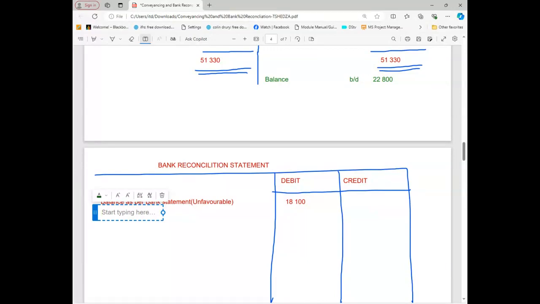So this is what you do. It means you can say credit. You don't have to do that, but for me, I prefer to write that. Let me just change the color. Just write it down: deposits are credited on the bank statement. That's a fact. Because credit means favorable.